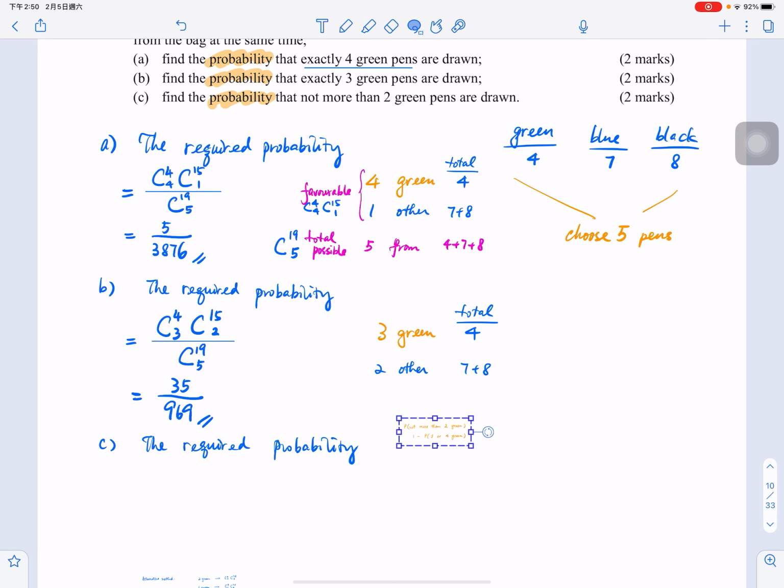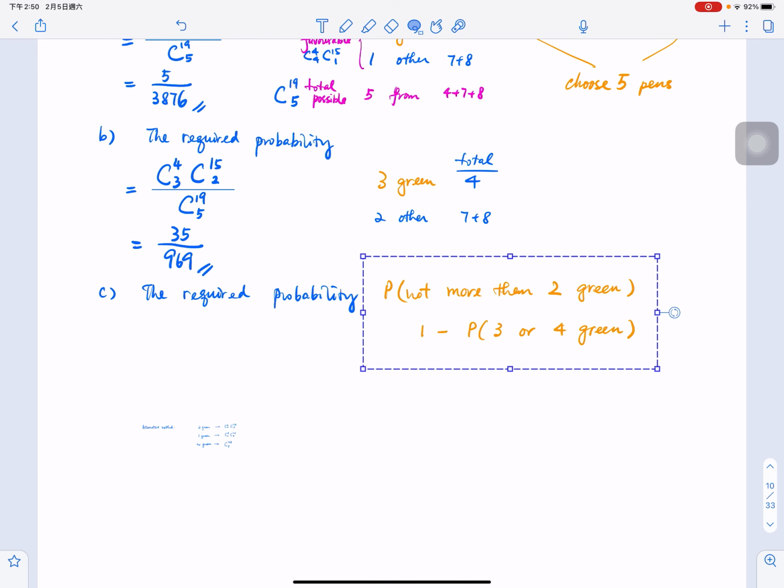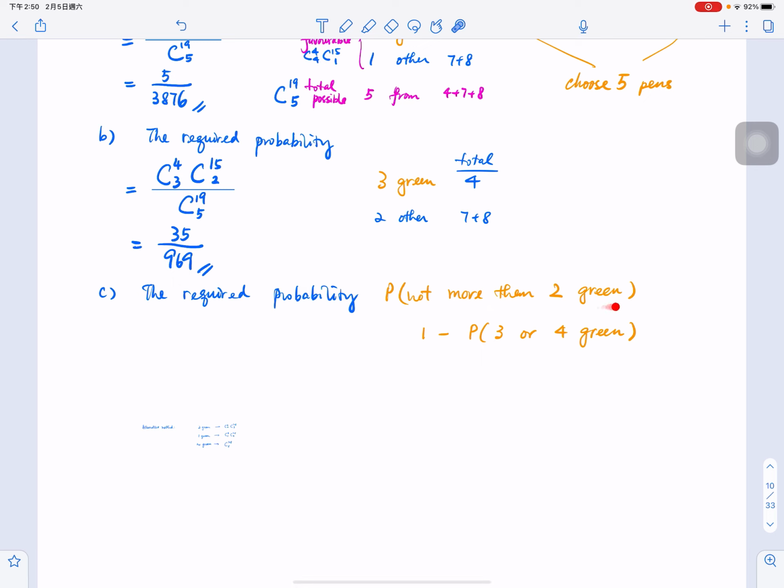So the probability of not more than 2 is 1 minus the probability that 3 or 4 green pens. You can use the results of part A and B: 1 minus 5 over 3,876 minus 35 over 969. So as a result, this one is 3,731 over 3,876, right?